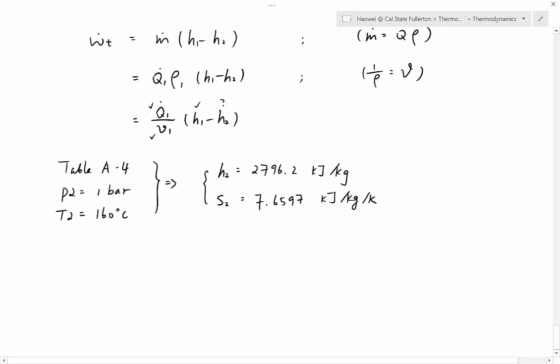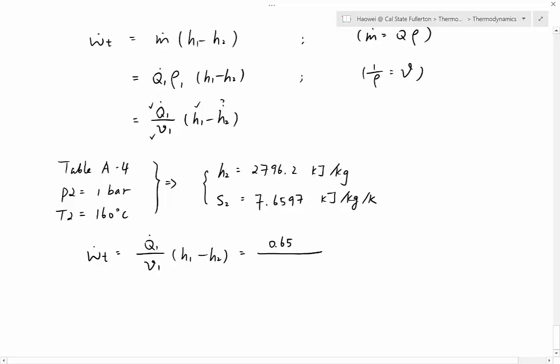Okay, so now let's go back to the equation. Do I have everything on the right hand side now? Yes, I do. So W dot turbine can be calculated from Q dot 1 over nu 1 times H1 minus H2. Let's plug in the numbers. Volume flow rate Q dot 1 is given as 0.65 cubic meter per second, SI unit.